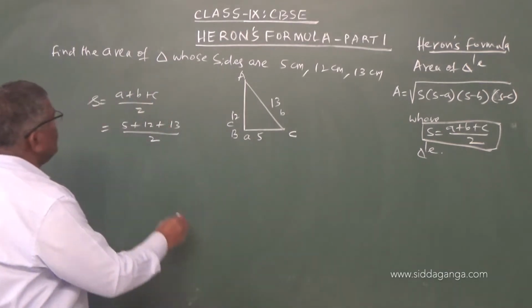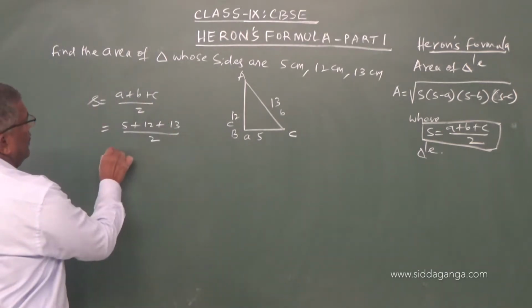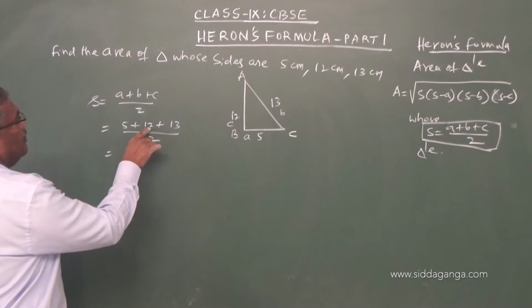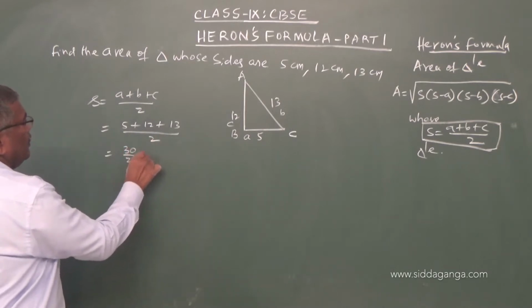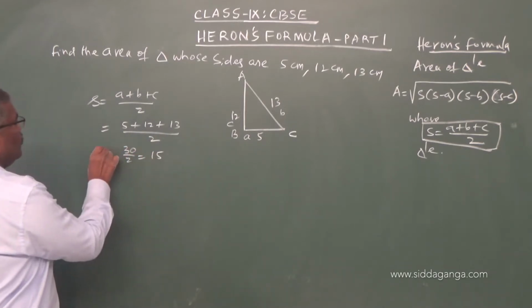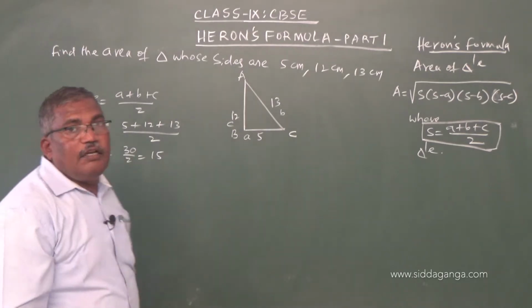This gives 30 by 2, which is 15. So the semi-perimeter is 15.